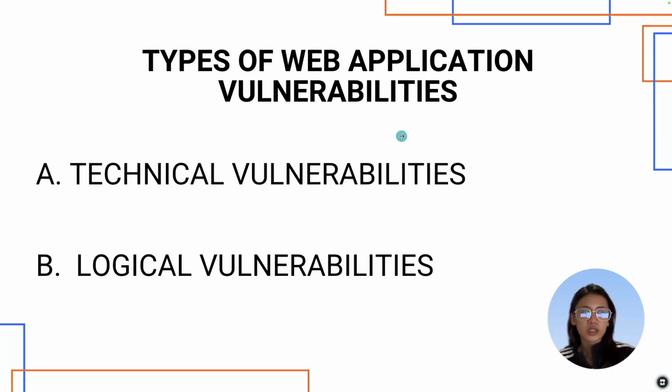Now let's go with the types of web application vulnerabilities. We have two broad categories of web application vulnerabilities. First, we have the technical vulnerability. Technical vulnerabilities are the classic hacks where an attacker exploits a mistake in actual code or software configuration.